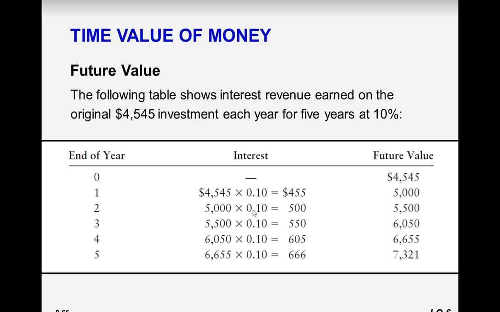Year 2 would earn $500 because I am now earning it on the interest that I earned. So my interest keeps earning interest, and what started as $455 interest is now up to $666 interest a year, which is really good. You can't get 10% on anything in today's market, but if your interest rates are good, it really grows fast.